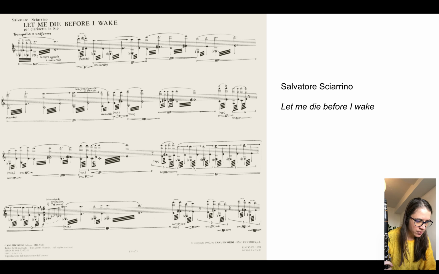And you can see underneath he writes rapido and misurato, so super fast and then measured in tempo. Yeah, a really beautiful piece. Loads of recordings of this. I'm sure you can find one on YouTube with the score if you want to check it out.